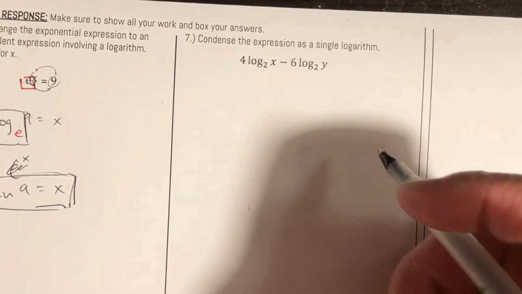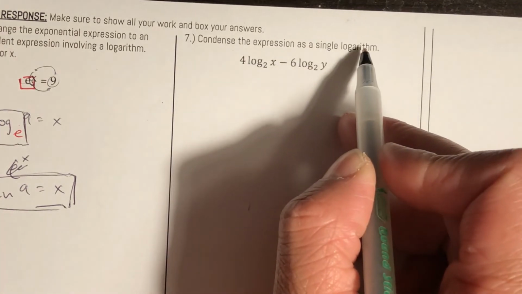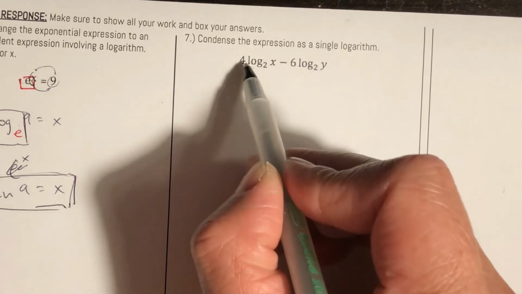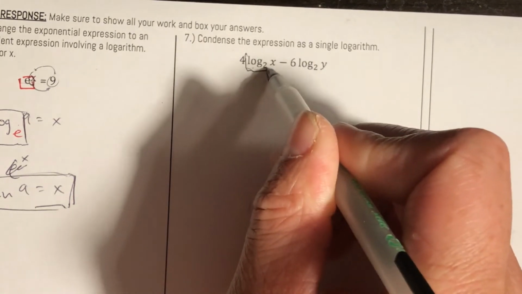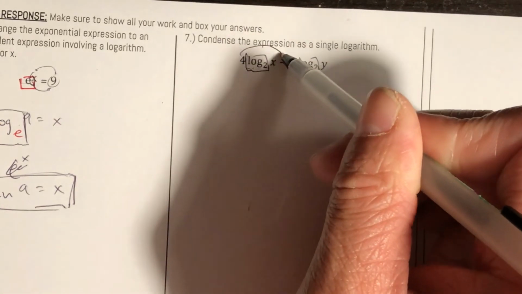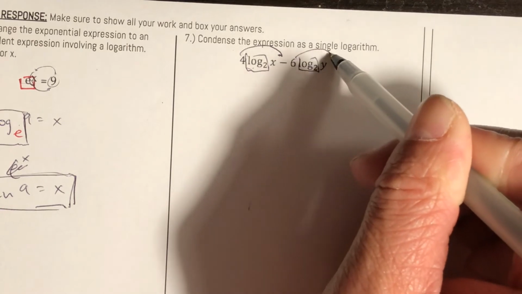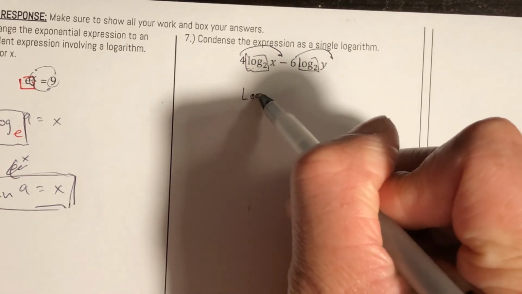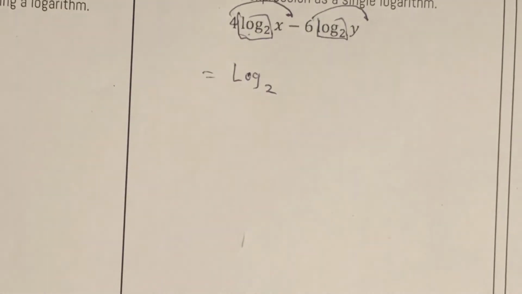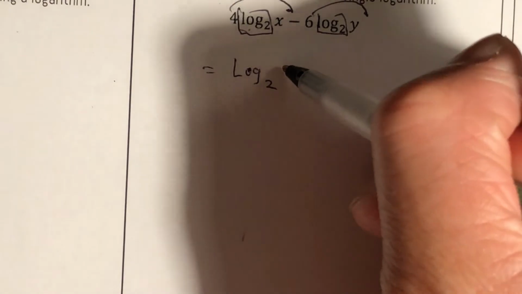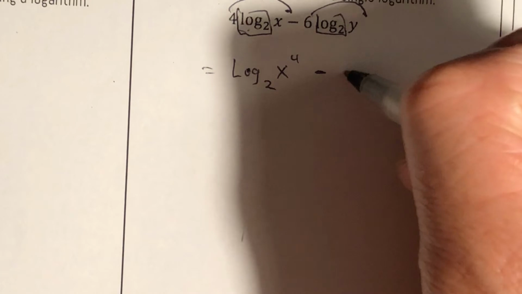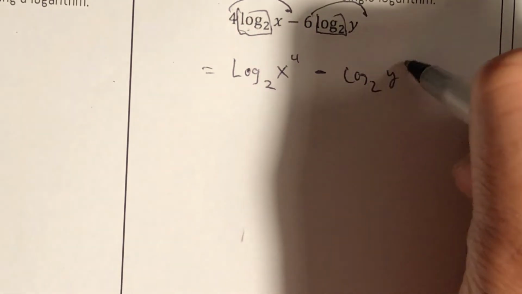Condense the expression as a single logarithm. We got to make this small, and we have the same base, which is excellent. These coefficients become exponents. So I'm going to have log base 2 of x to the 4th power minus log base 2 of y to the 6th power.